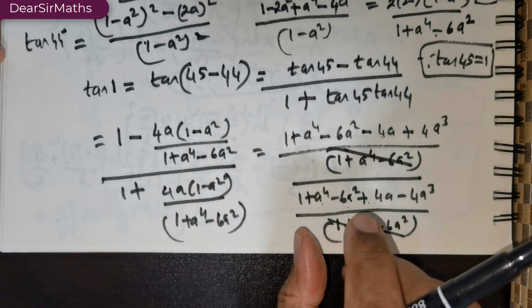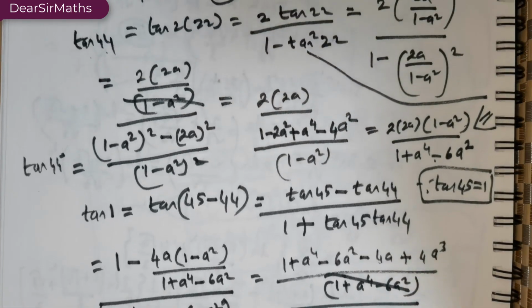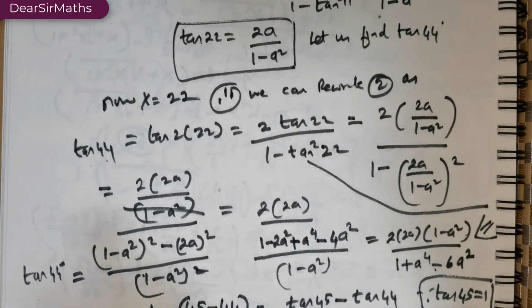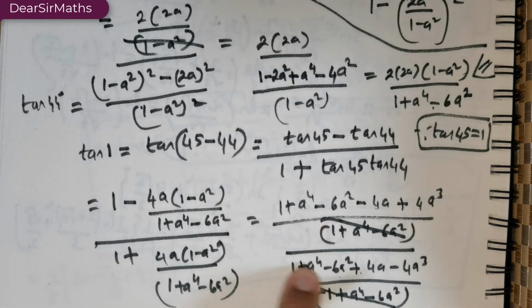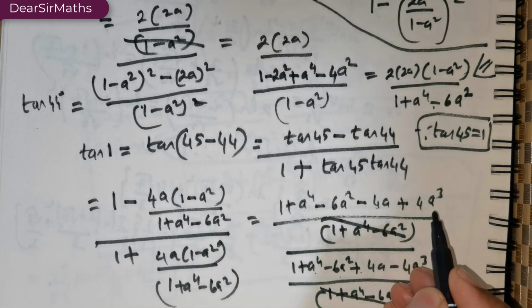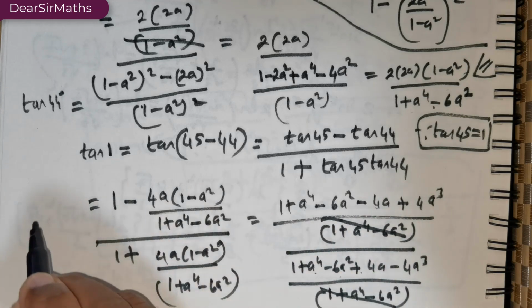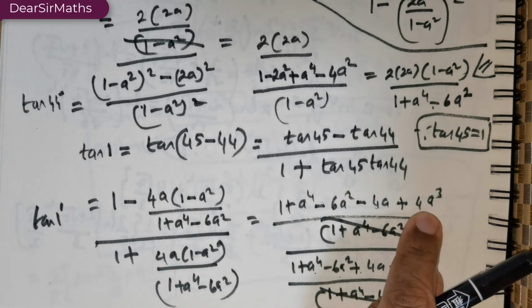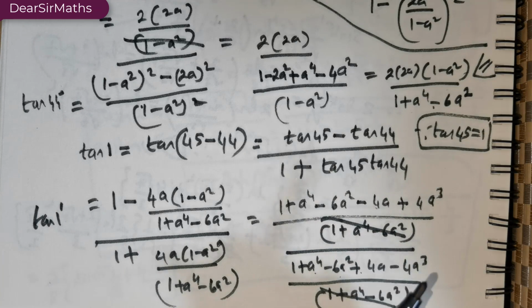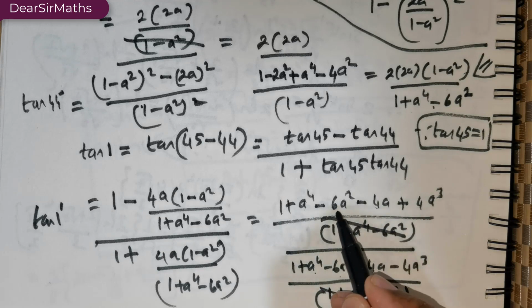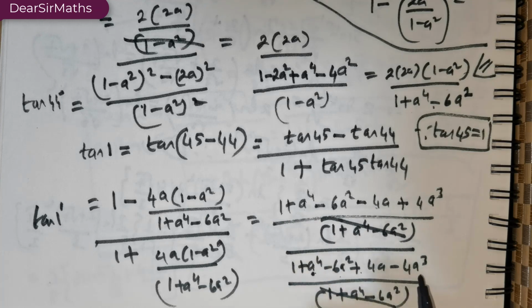So if I were to club these things and rewrite them starting with the highest power first, the numerator for tan 1 is A⁴ + 4A³ - 6A² - 4A + 1, and the denominator also starts from A⁴, followed by -4A³ - 6A² + 4A + 1.